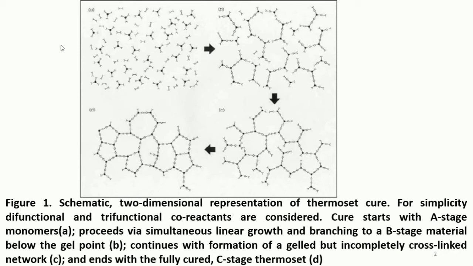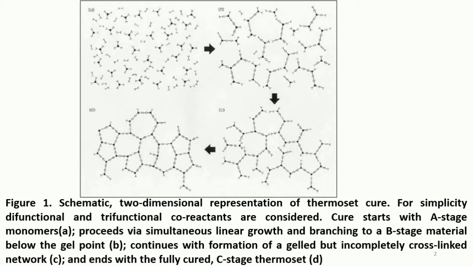This figure 1 is actually the schematic two-dimensional representation of thermoset cure. For simplicity, difunctional and trifunctional co-reactants are considered. Cure starts with A stage monomers, shown in figure A, and proceeds via simultaneous linear growth and branching to a B stage material below the gel point, as shown in figure 1b.